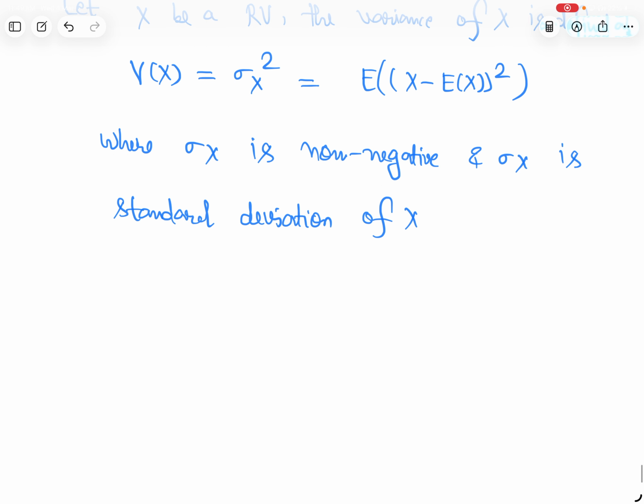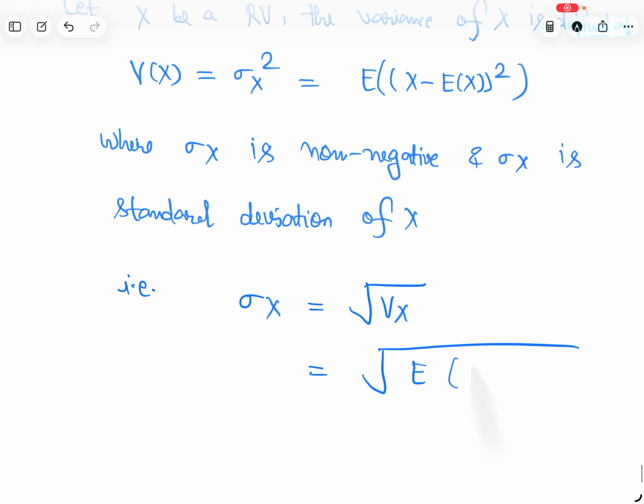In other words, standard deviation is the positive square root of variance. Okay. Please note it down. So if you square the standard deviation you get the variance, and if you take the positive square root of the variance, you get the standard deviation. Okay.